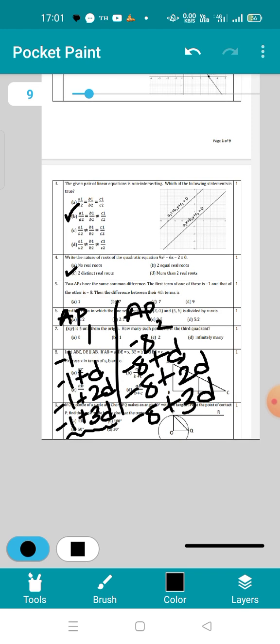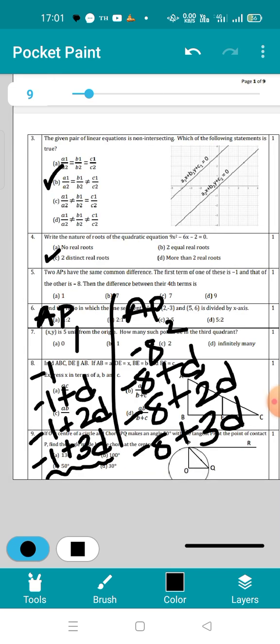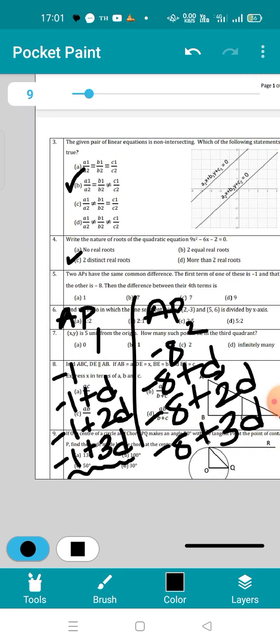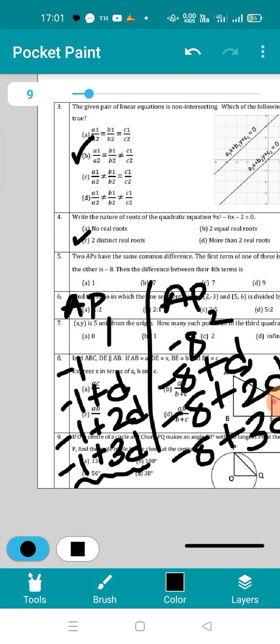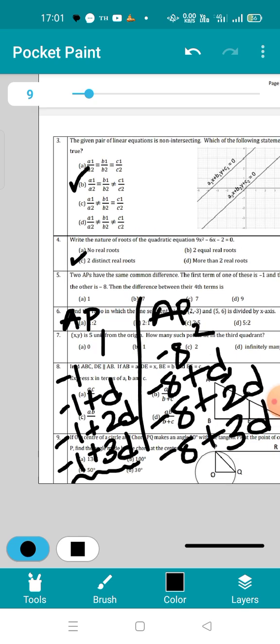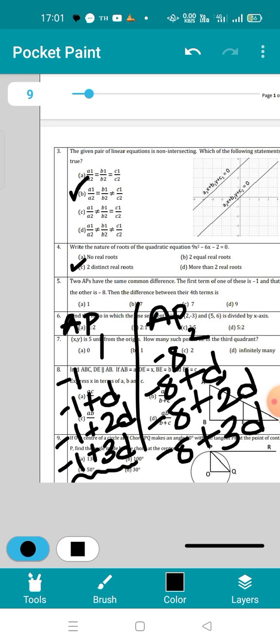Now we'll understand why I am stressing so much on this. Should we subtract the fourth term of the second AP from the fourth term of the first AP, or should we subtract the fourth term of the first AP from the fourth term of the second AP? You will understand it when we look at the options.